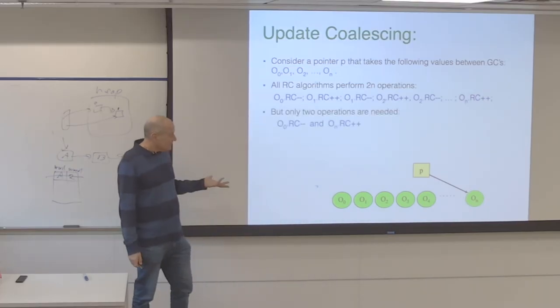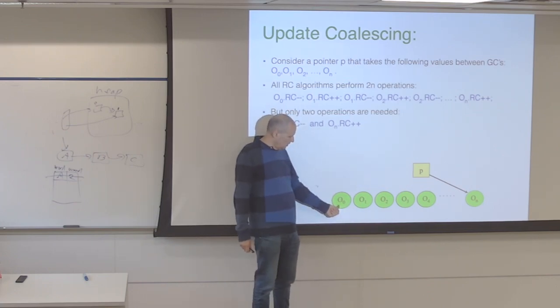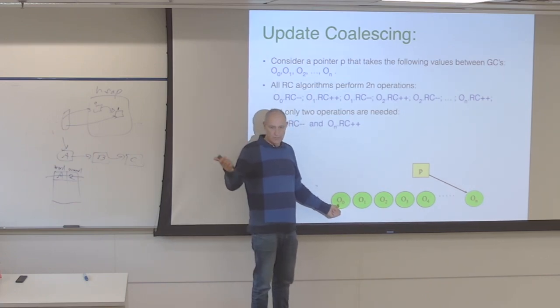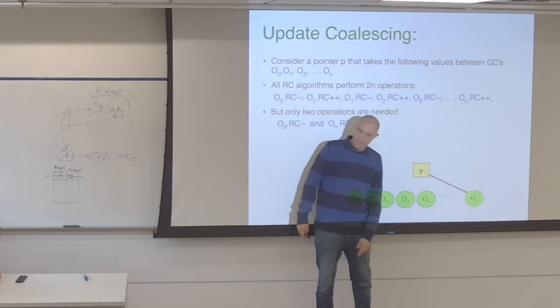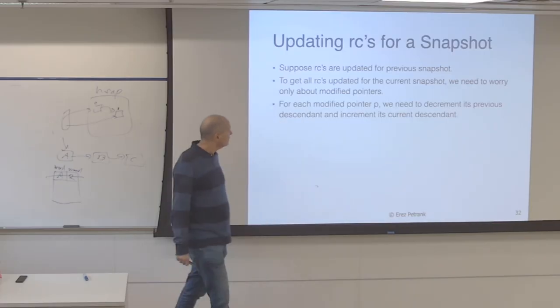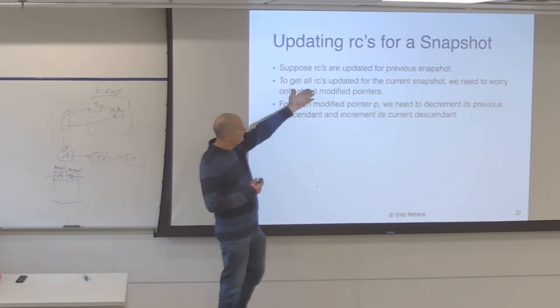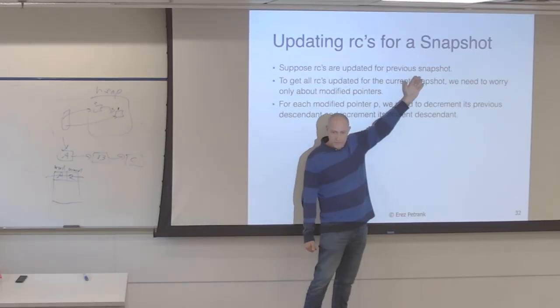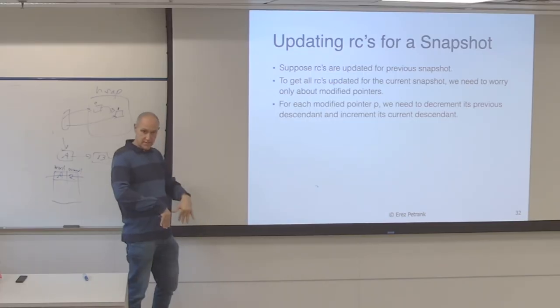So what I really need to know when I'm doing a garbage collection is what it was pointing to in the previous snapshot and what it is pointing to in the current snapshot. That's what I really want. I have the reference counts for the previous snapshot, and I want to update them so they will be correct for the current snapshot.